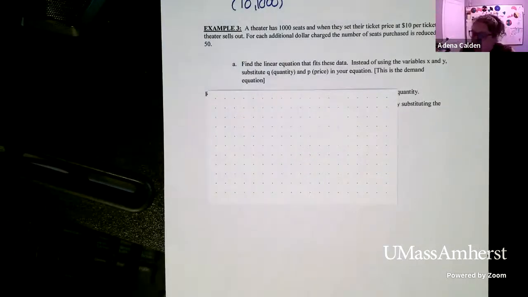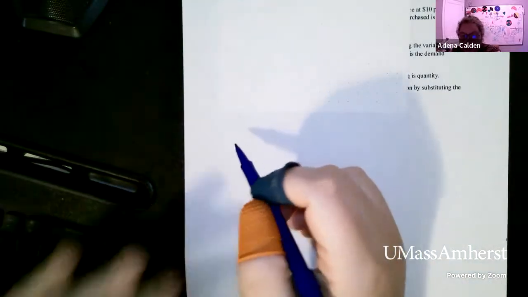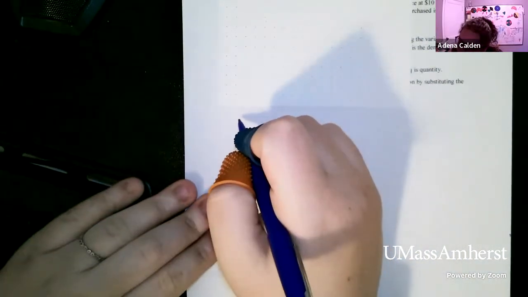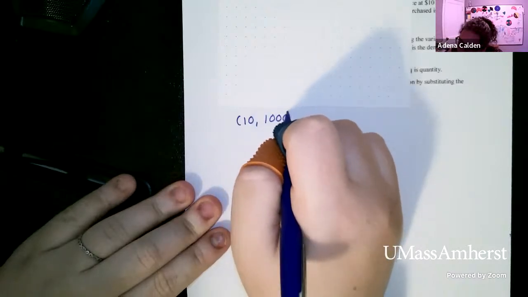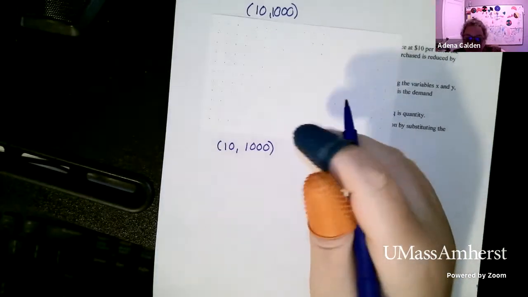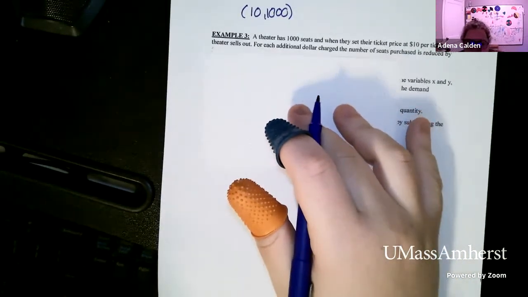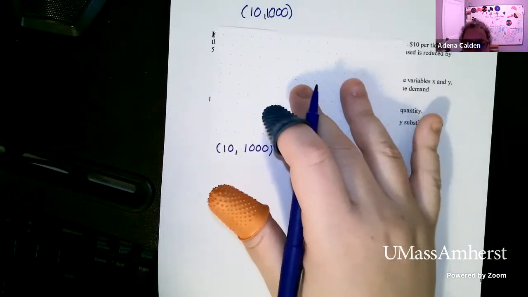Okay, so I'm going to do the work for this down here because we're going to be building onto it. So our first point was 10, 1,000. And our second point, you can actually set it up a couple different ways. We have for each additional dollar charged, the number of seats is reduced by 50.